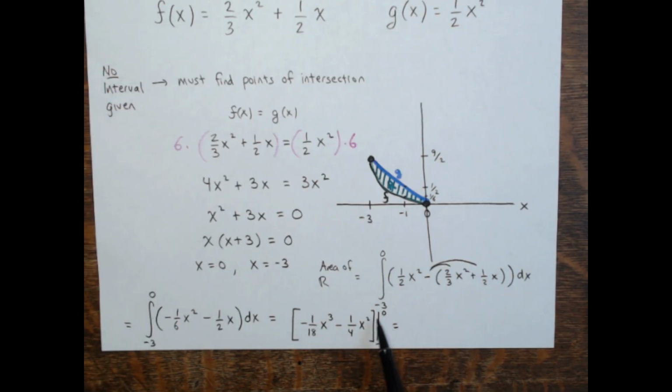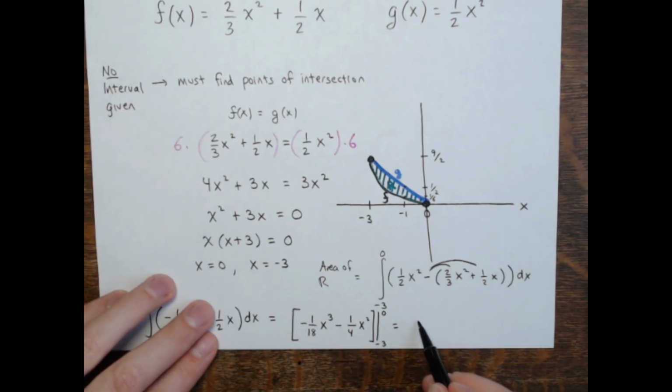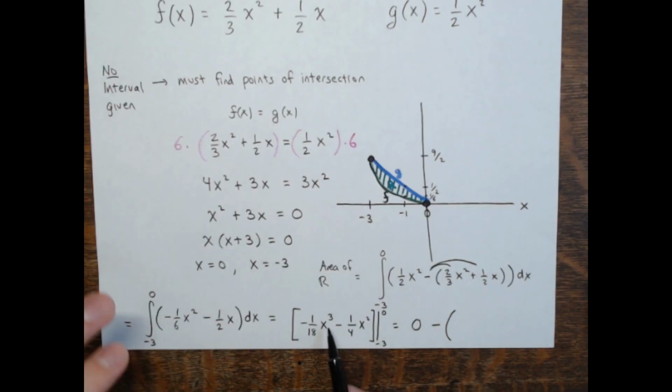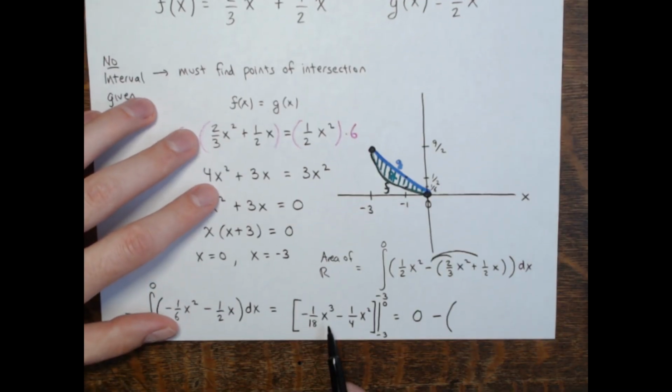Now, at the upper limit at 0, this has a value of 0. And then at the lower limit, well, when I plug in -3, -3 cubed is -27, so this would be +27/18 or +3/2. And then minus, and then -3 squared is 9, minus 9/4. And putting these together, this is 6/4 minus 9/4.